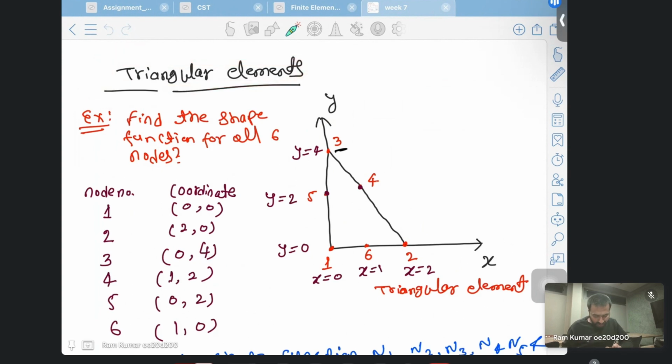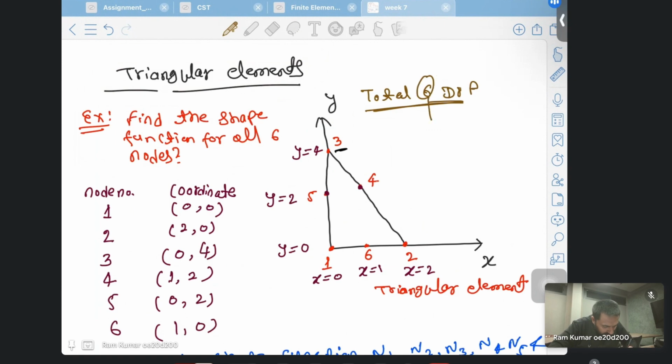is to find the shape functions for all 6 degrees of freedom. So let me move this one here. We are having a total of 6 degrees of freedom, and we need to find the shape functions.